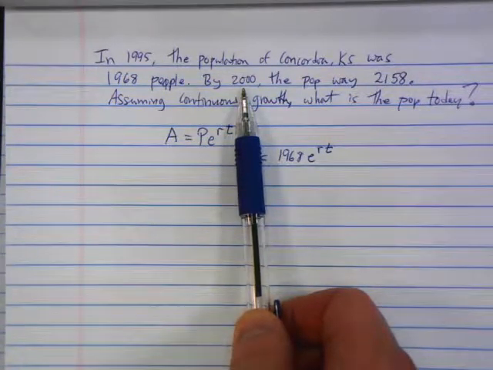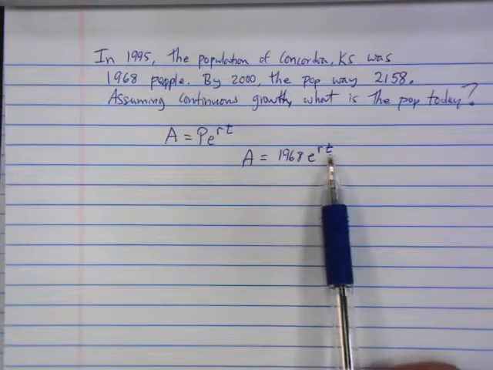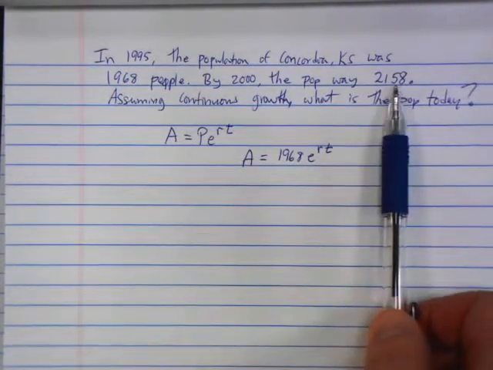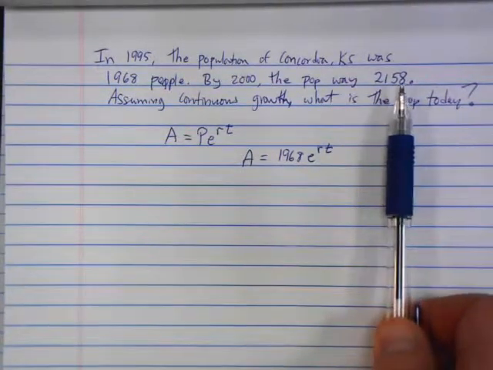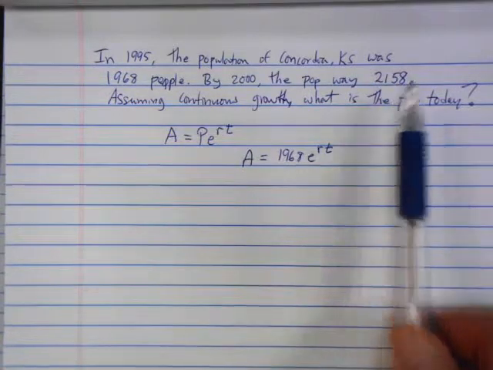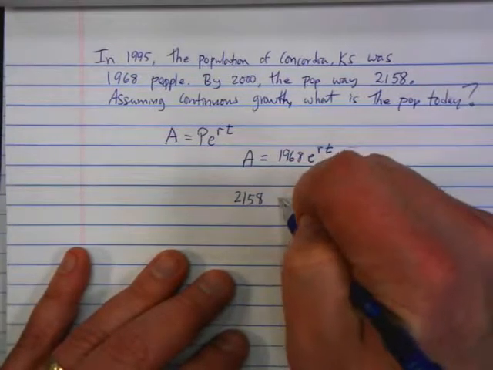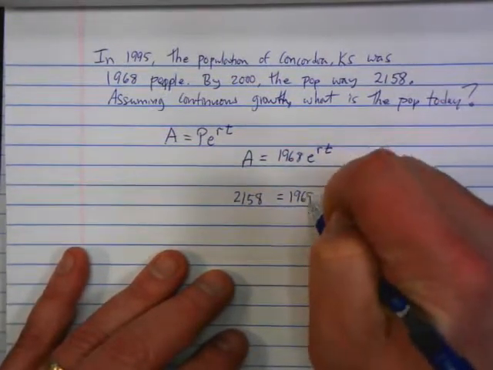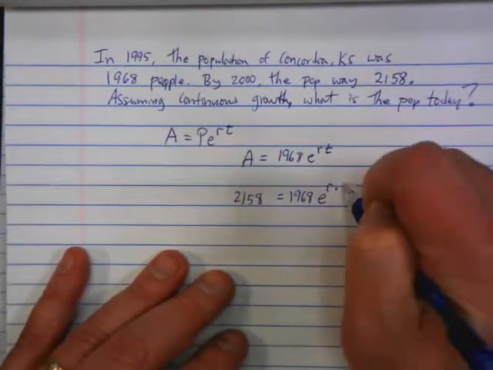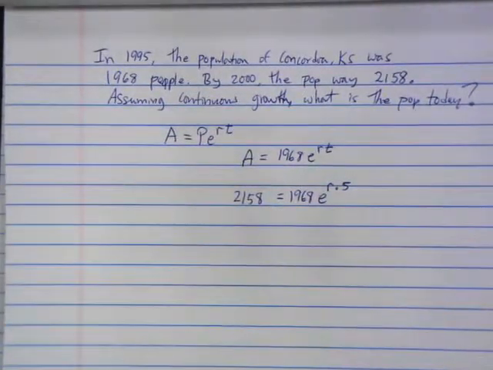That's 5 years have gone by. So when time is 5, the population is now changed to be 2158. So we plug that information in. We're going to have population as 2158 equals 1968 e to the r times 5. And then we need to solve that equation, and that'll give us r.